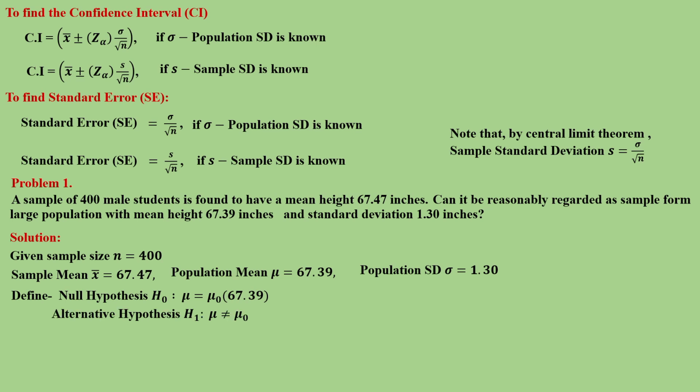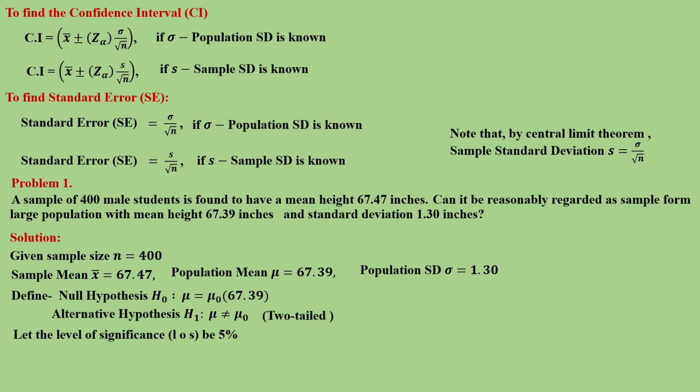The alternate hypothesis is mu not equal to mu naught. If you are taking mu not equal to mu naught, definitely it is two-tailed. Left tail and right tail use less than and greater than. Here you can use any one, but better to use the two-tail test. If they ask particularly, then you have to use the right or left tail accordingly.